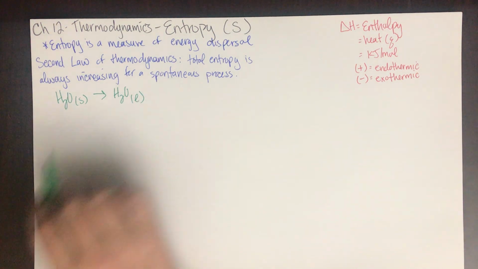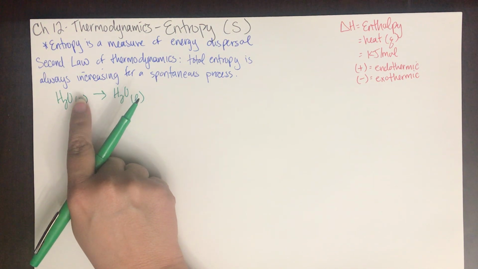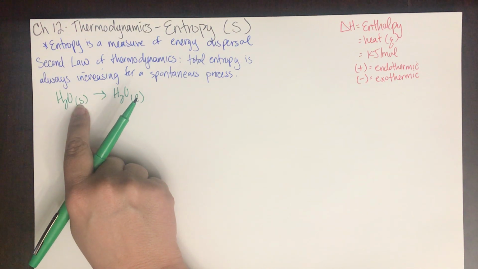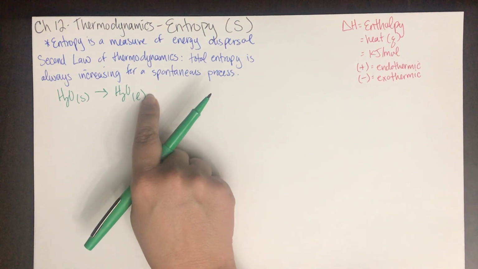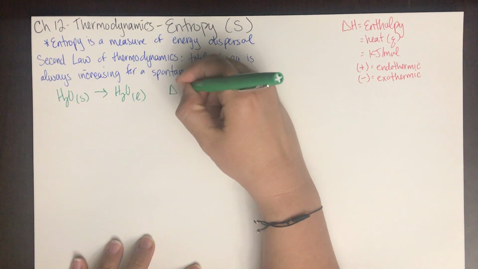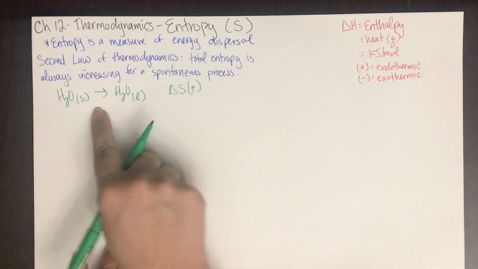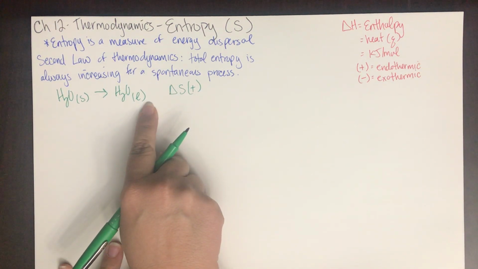If you have solid water, ice, these molecules are not immobile, they're not still, they're moving a little bit, unless you're at absolute zero where all molecular motion stops, but there is some molecular motion even when you're at a solid. When you're at a liquid, there is much more molecular motion. The temperature has increased, so this would be a positive entropy change. Entropy would be increasing as we go from a solid to a liquid.